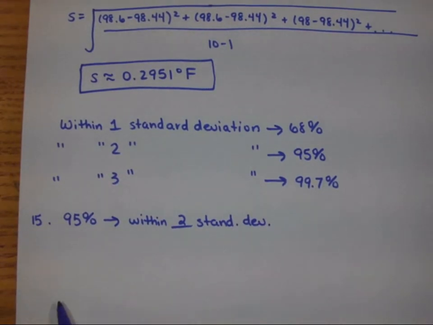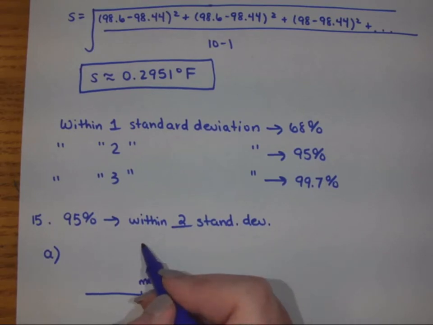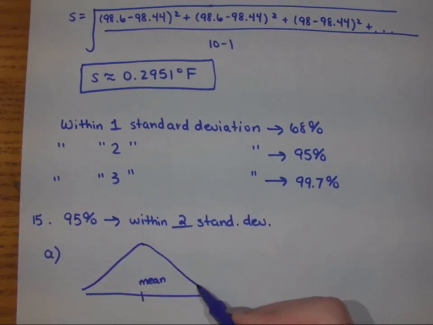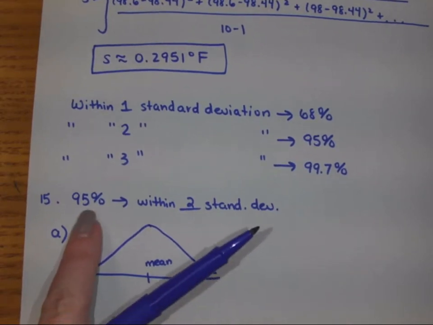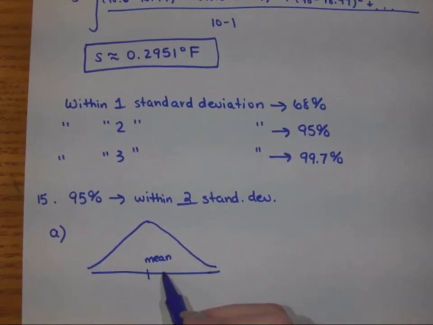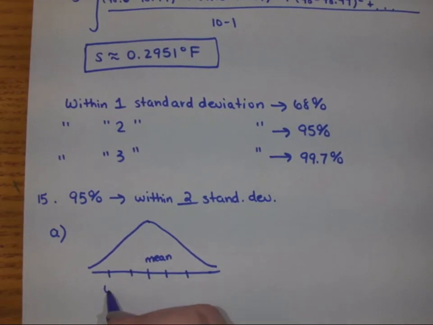Okay, so it says assuming this data is normally distributed. So when you see the term normally distributed, you need to draw a bell curve. Remember the mean goes in the middle. The bell curve peaks in the middle and then it kind of falls off after that. And notice, because of the 95% statement, we know we're supposed to go out 2. And we know that when we go out 2, we hit 62 and 90.